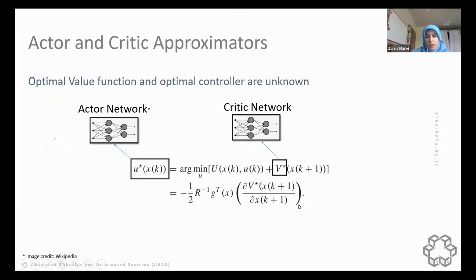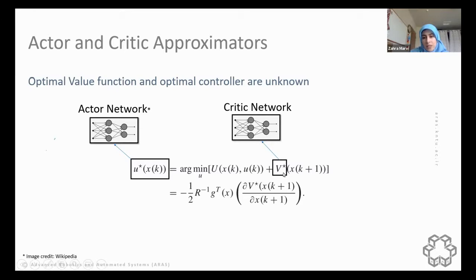Okay, we said we try to find the optimum point of the Hamiltonian at each step, and we need to find the optimal value function and the optimal controller. And we assign two neural networks to approximate these two functions. The network that approximates the optimal controller is called the actor network, which is our control policy.